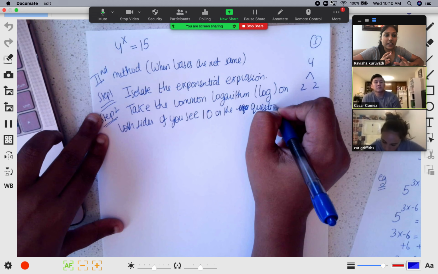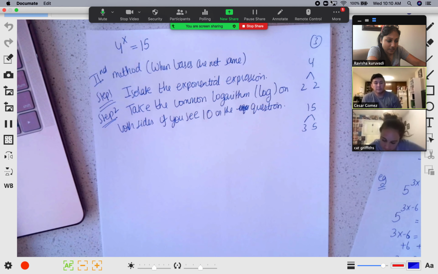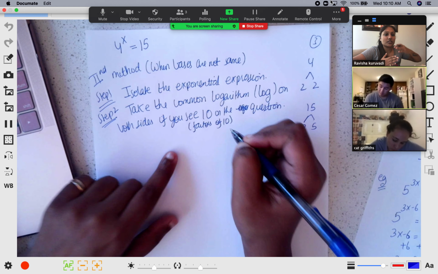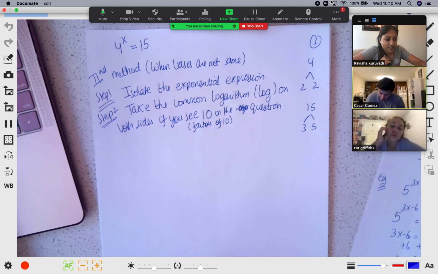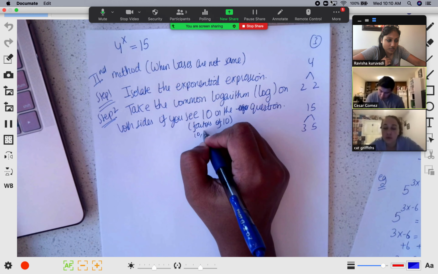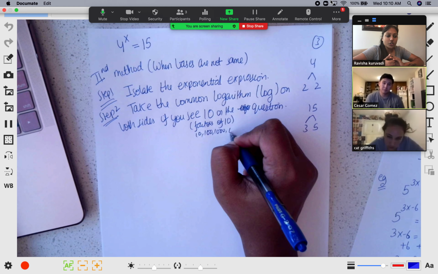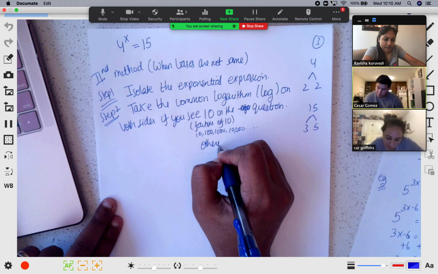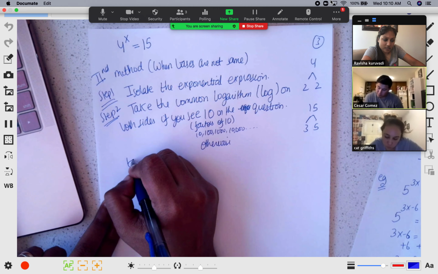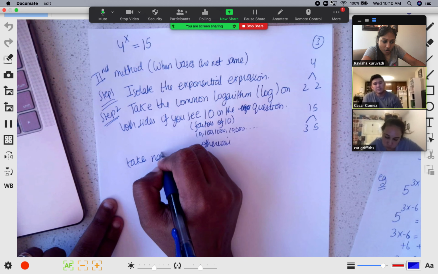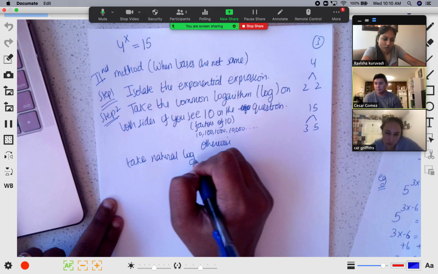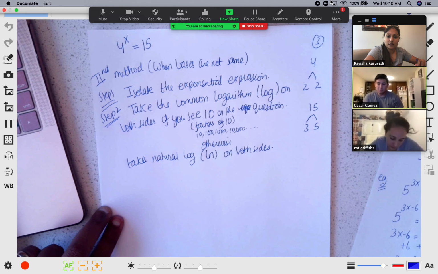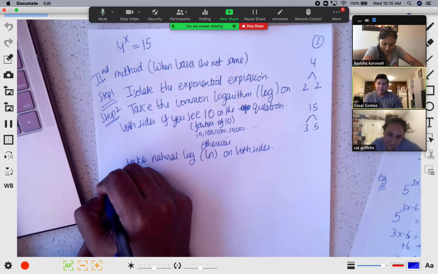If you see somewhere 10, 100 or factors of 10, like 10, 100, 1000, 10,000 and so on, you're going to take log on both sides. Otherwise, take the natural log, which is ln, on both sides. Okay, you will understand by steps. It's easy, you'll understand it.